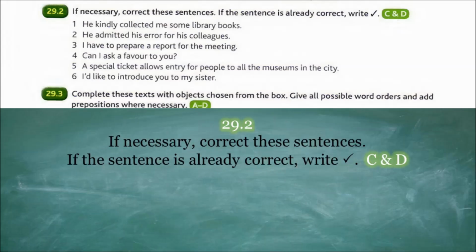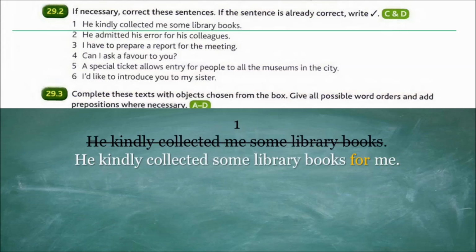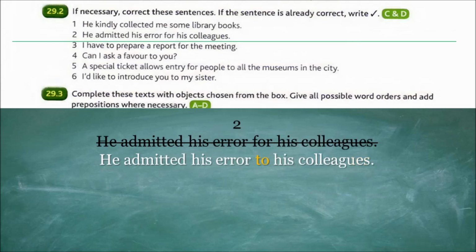Exercise 29.2. If necessary, correct these sentences. If the sentence is already correct, write correct. He kindly collected some library books for me. He admitted his error to his colleagues.